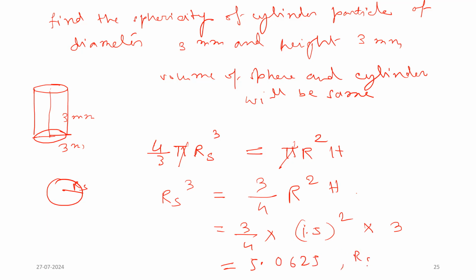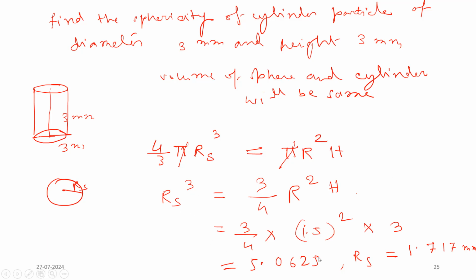So what will be rs? Rs is 1.717 millimeter. This is the radius of the sphere. We are calculating rs cube, right?